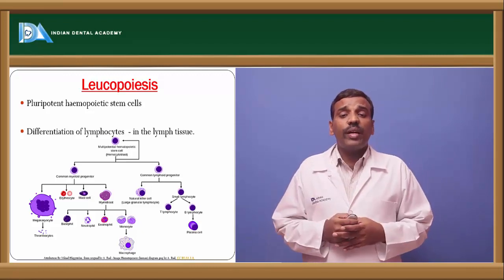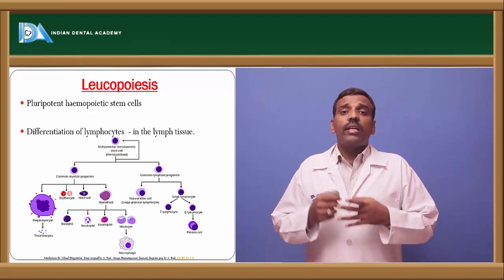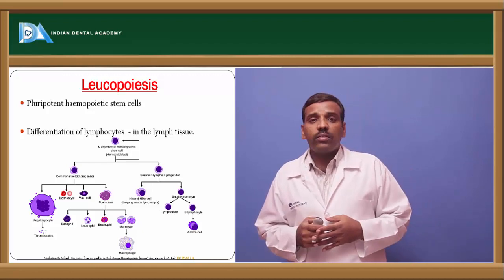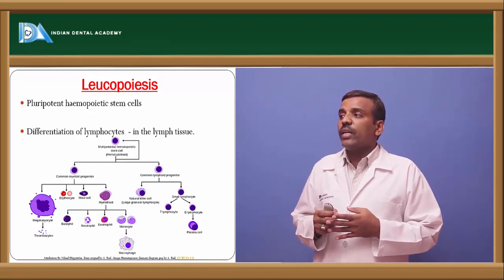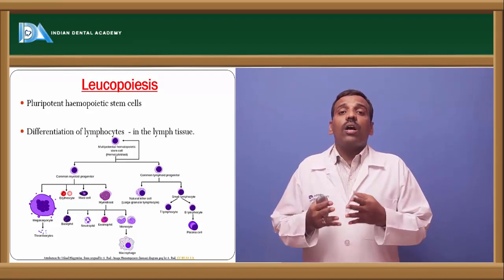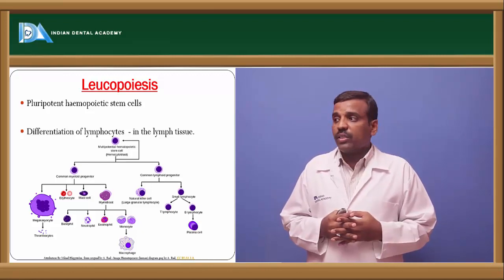Next, coming to the generation and development of the WBC, which we call leukopoiesis. Leukopoiesis is where the pluripotent hemopoietic stem cell gives the committed pluripotent hemopoietic stem cell.